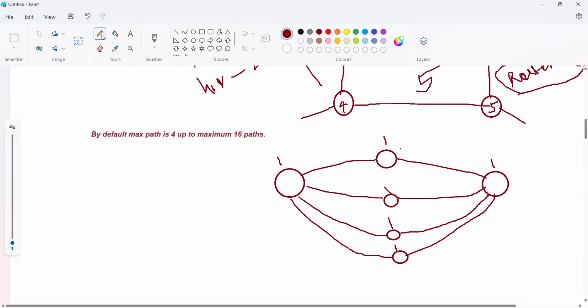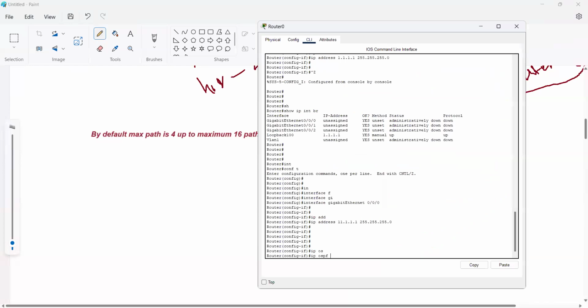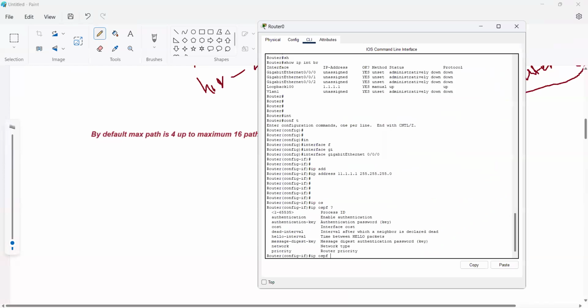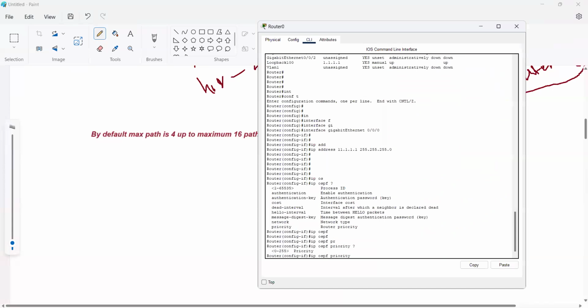So on a priority basis, no router is elected as DR when priorities tie. If you want to change it, yes, you can change it up to 255 manually. How? Use ip ospf priority, and you can change the priority up to 255.